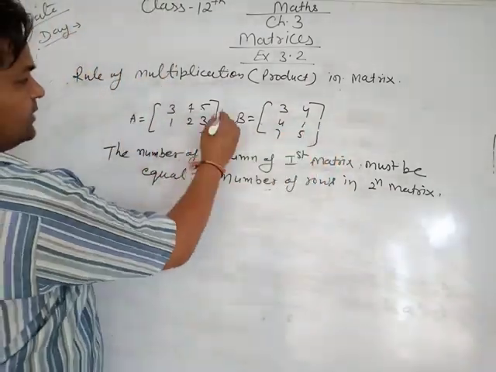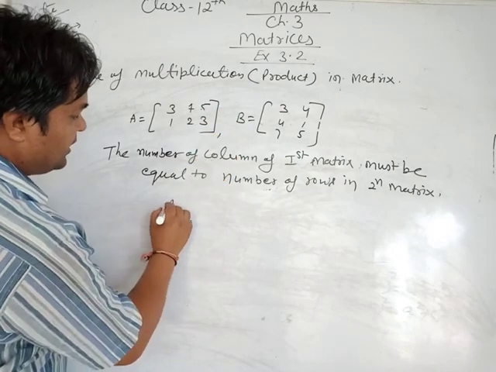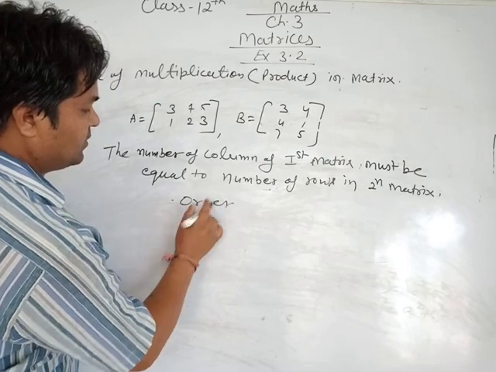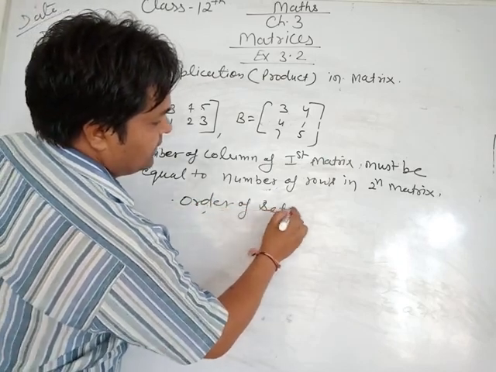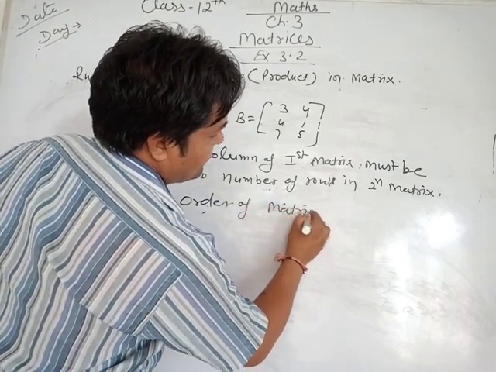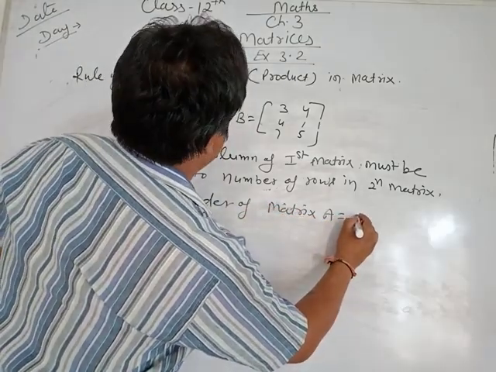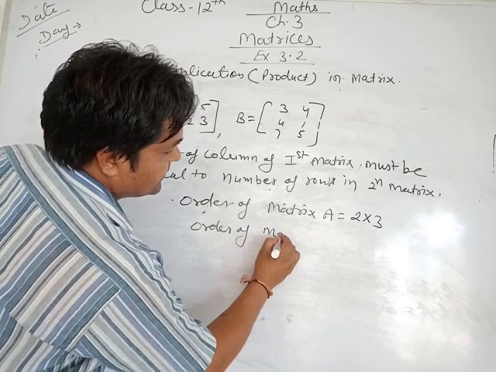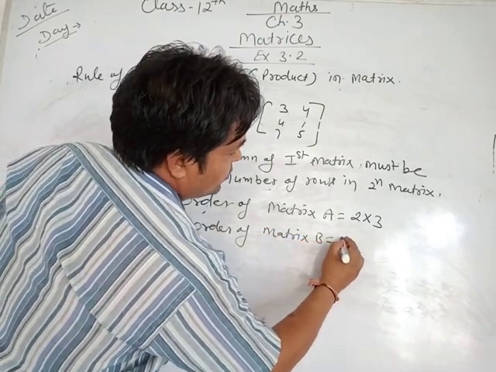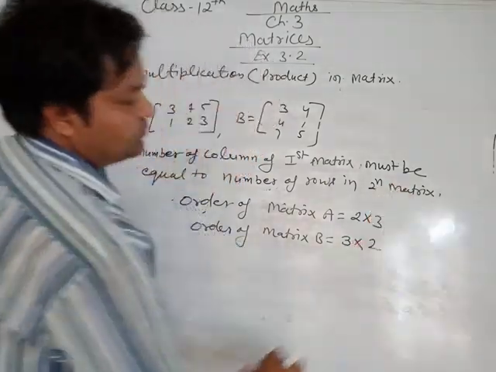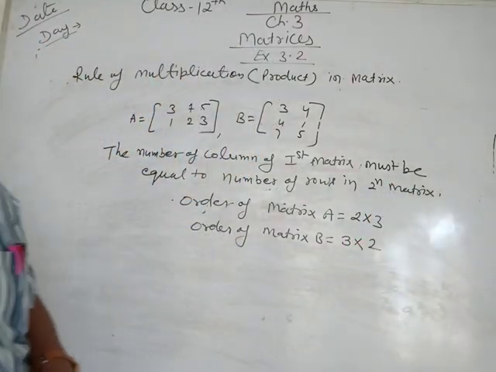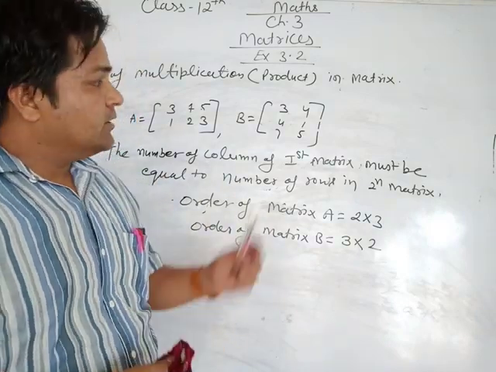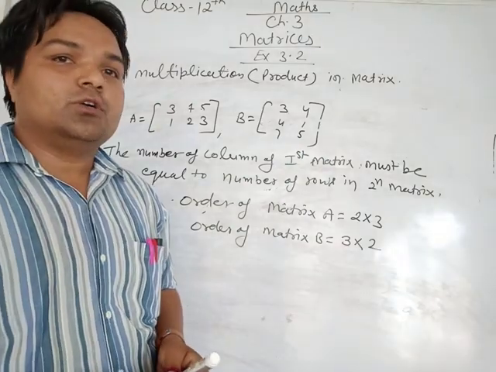It means the order of matrix A equals 2 multiply 3 and the order of matrix B equals 3 multiply 2. If this condition is followed, then we multiply it. Otherwise, if the condition is not followed, we cannot multiply.